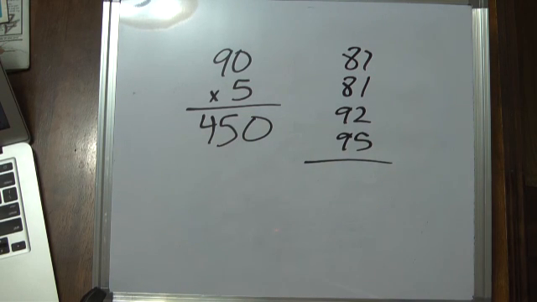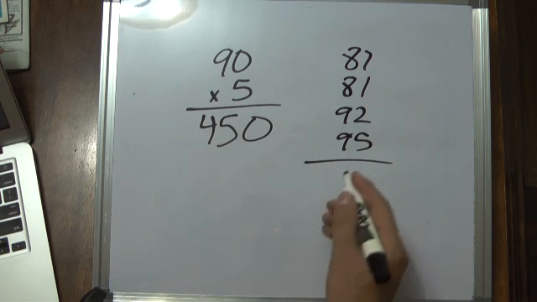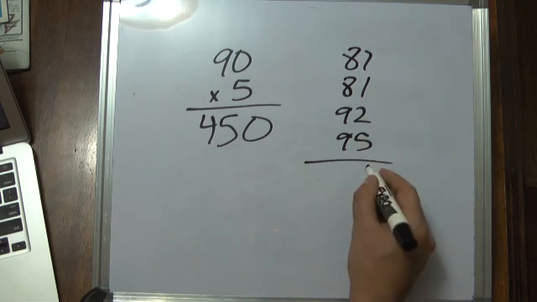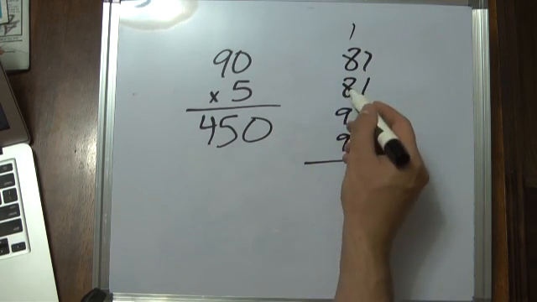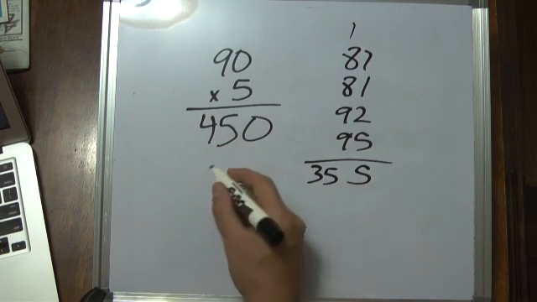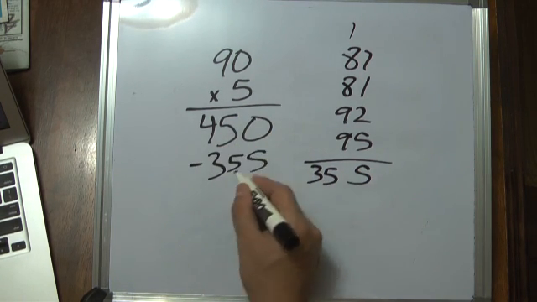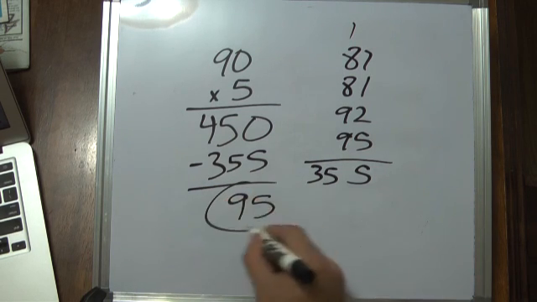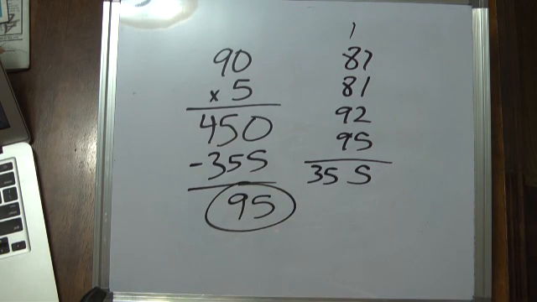So add those together, and when you add those together, you get 355. So in order to get that average, subtract 355 from 450, he's got to go 95 miles, and that is choice C.